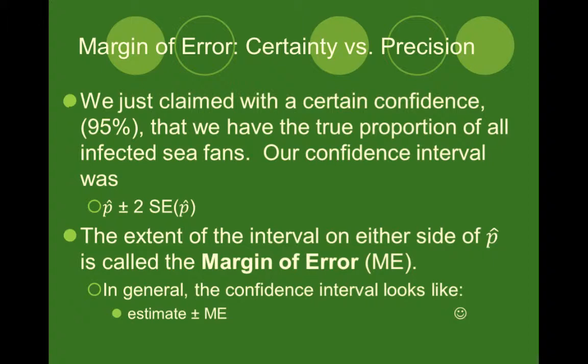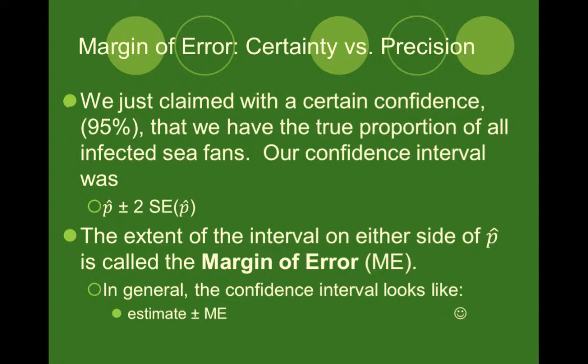So we again calculated that by taking our sample proportion, which is p hat, and adding and subtracting 2 times our standard error. The extent of the interval on either side of our sample proportion is called the margin of error, which will be abbreviated as ME. In general, a confidence interval looks as follows.